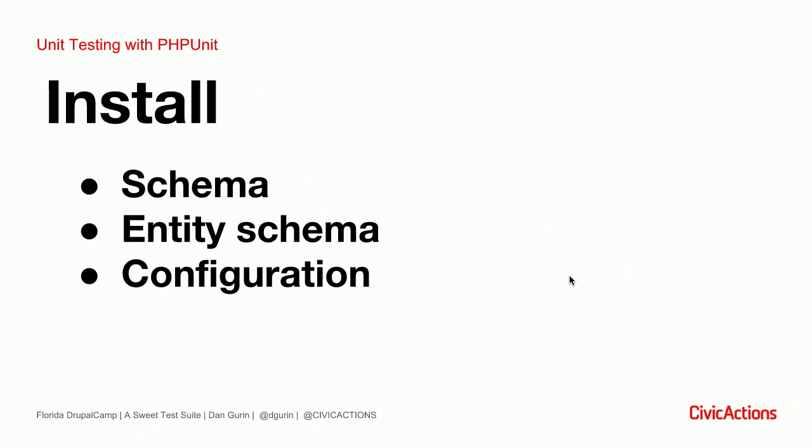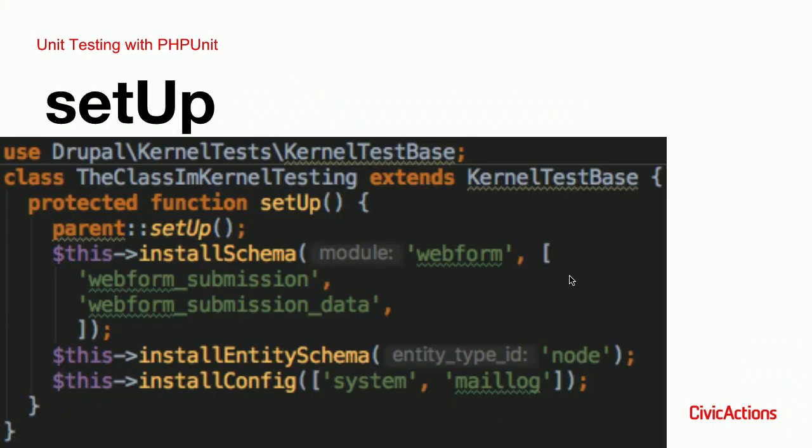For installation, you can do the schema, entity schema, and config, and how that plays out here. You see here's the setup function called the parent setup, and here's installing the schema.